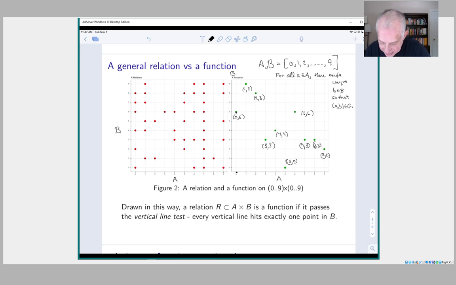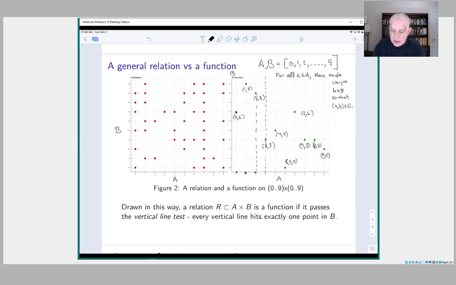So notice that for each point in the domain, there is only one point in the set which has that point in its first coordinate. You may have learned this before as the vertical line test. If you draw the Cartesian product A cross B as an xy plane in the usual way, then the test to see whether the points form a function is the condition that every vertical line hits exactly one point.